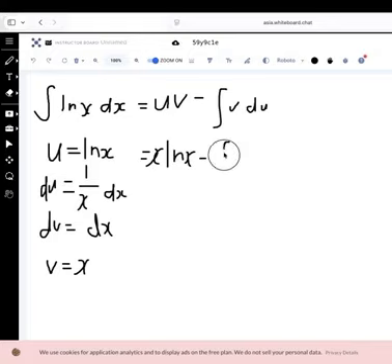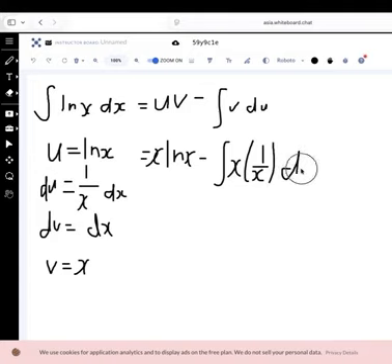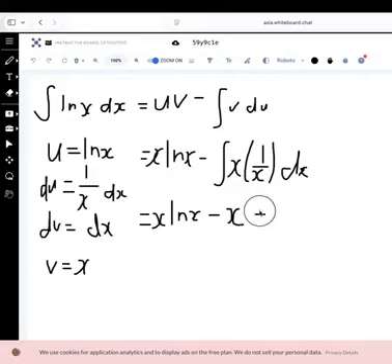And we have the integral of x times 1 over x dx. And notice that x times 1 over x is just 1, and the antiderivative of 1 is just x. So we have x ln x minus x plus c, and this will be the final answer.